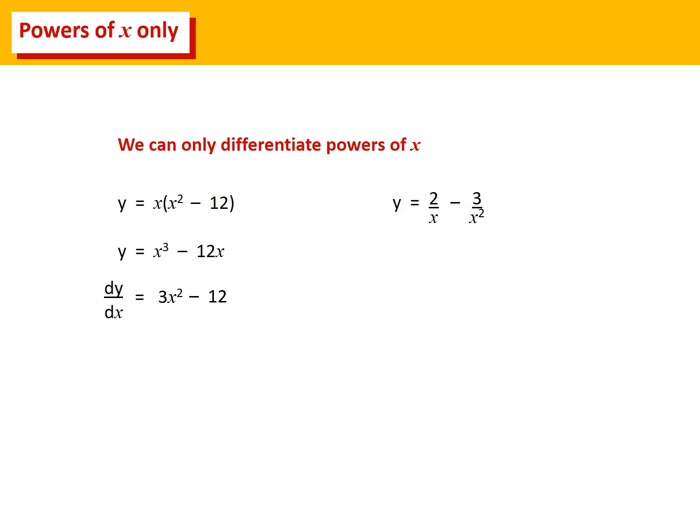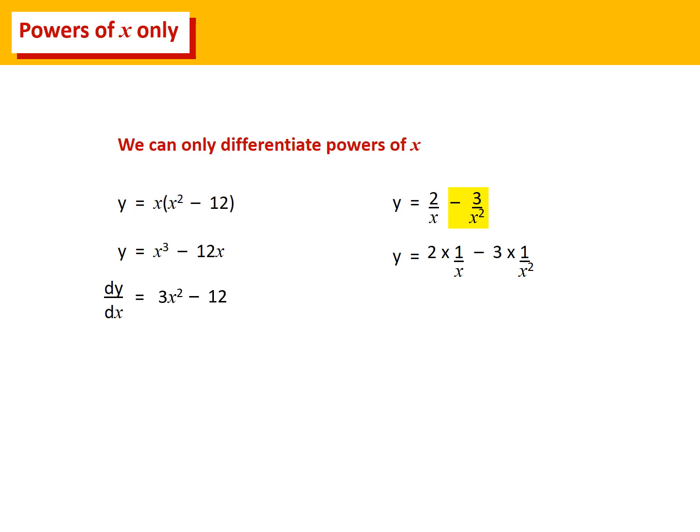In our second example, once again, before we differentiate, we have to write this expression in terms of powers of x. So, first of all, 2 over x is the same as 2 times 1 over x. And similarly, subtracting 3 over x squared, well, 3 over x squared is 3 times 1 over x squared.